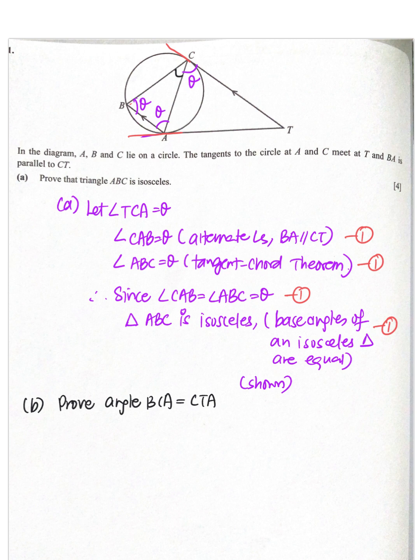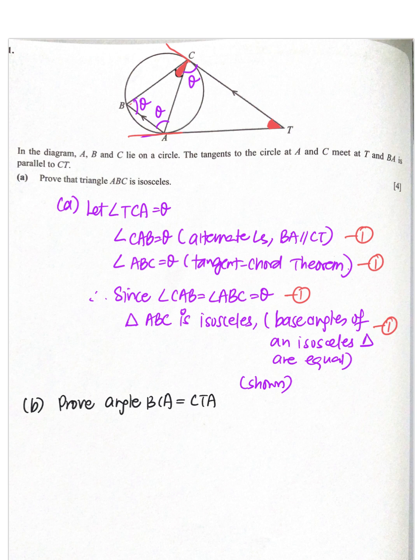You need to prove that this angle is equal to CTA. Please have highlighters in your pencil case. You will probably need them to mark on the diagram. So that is your work. Now prove that angle BCA is equal to CTA.